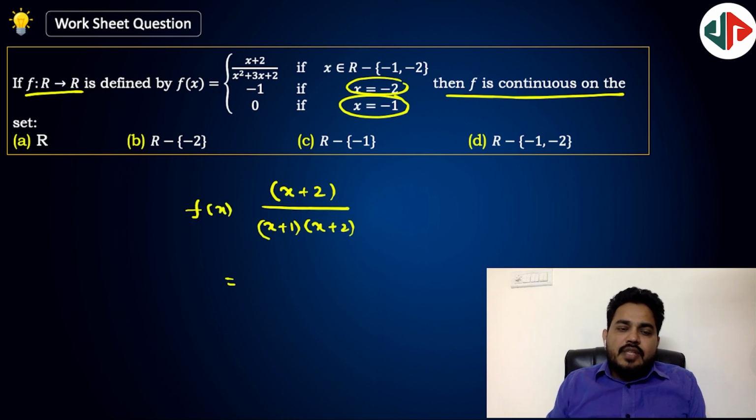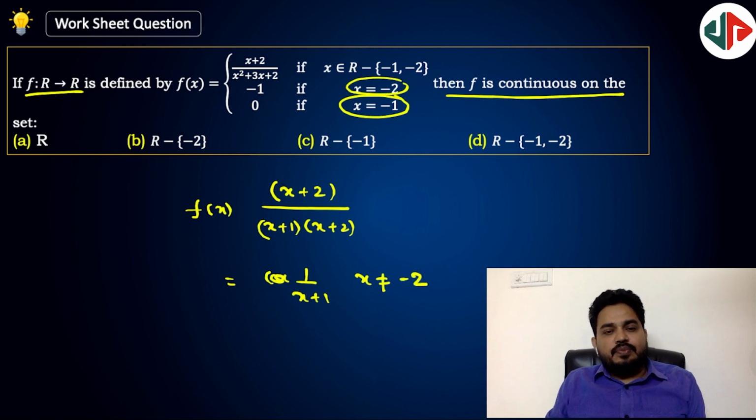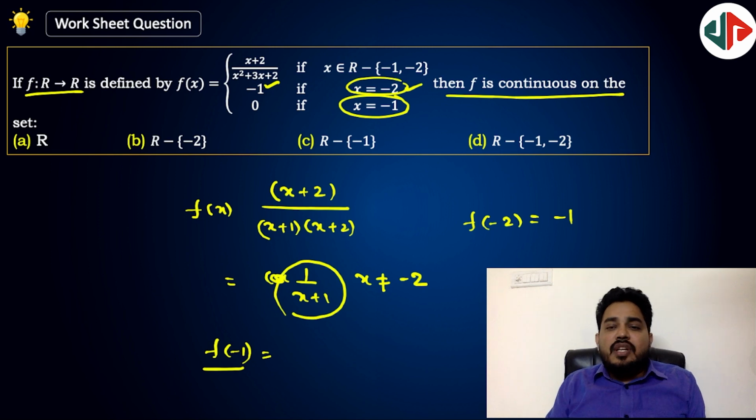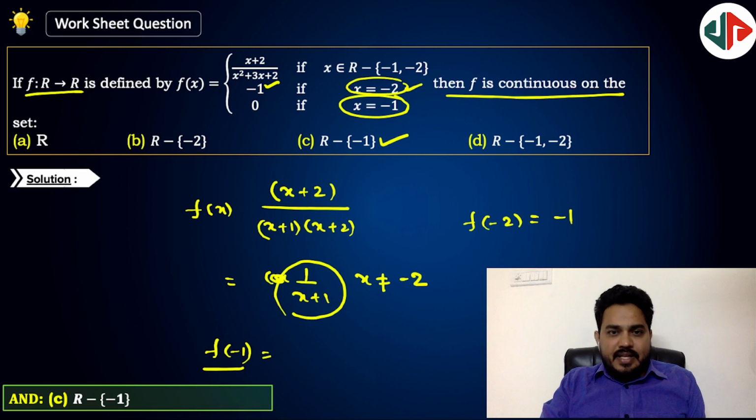So it is equal to 1 by x plus 1, where x is not equal to minus 2. So f of minus 2 is equal to minus 1, and f of minus 2 is equal to minus 1 is given. And f of minus 1 is equal to 1 by this one, it is undefined. So the function is continuous in R minus of minus 1 interval.